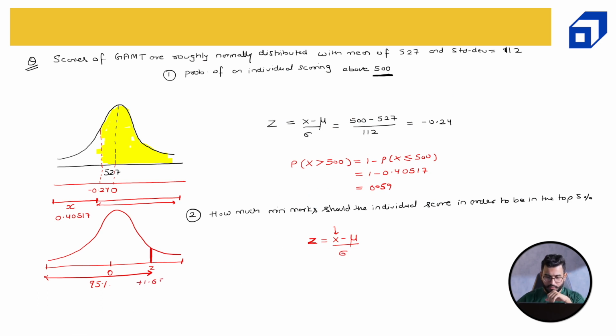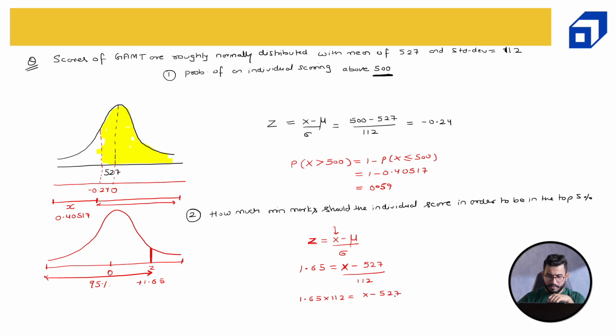So I know the z value plus 1.65 is equal to x minus mean, which is 527, divided by standard deviation, which is 112. Again the elementary math, 1.65 multiplied by 112 is equal to x minus 527.